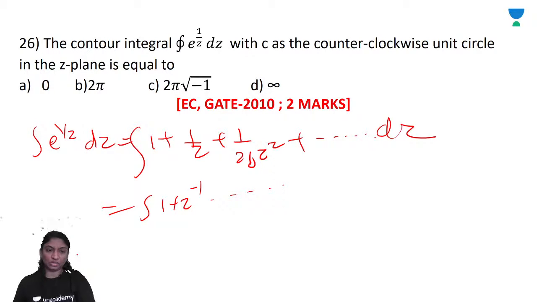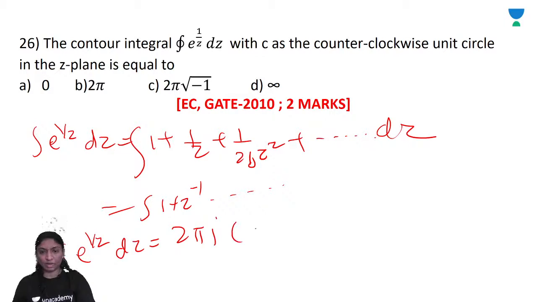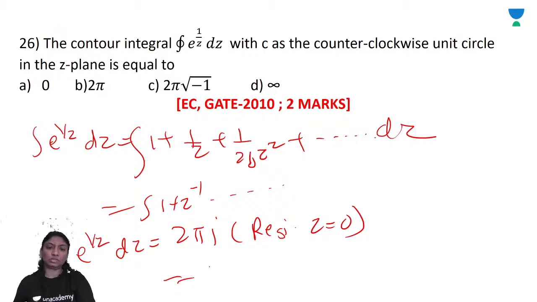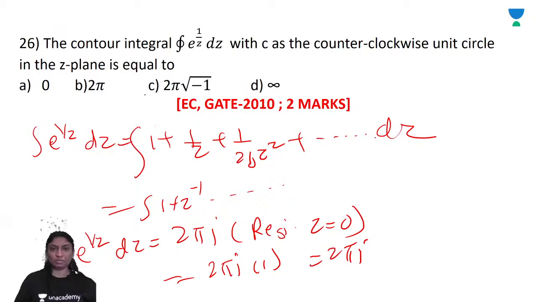So integral over c of e raised to 1 by z dz is equal to 2 pi i into residue at z is equal to 0, which is 1. So we get 2 pi i. So C. Okay.